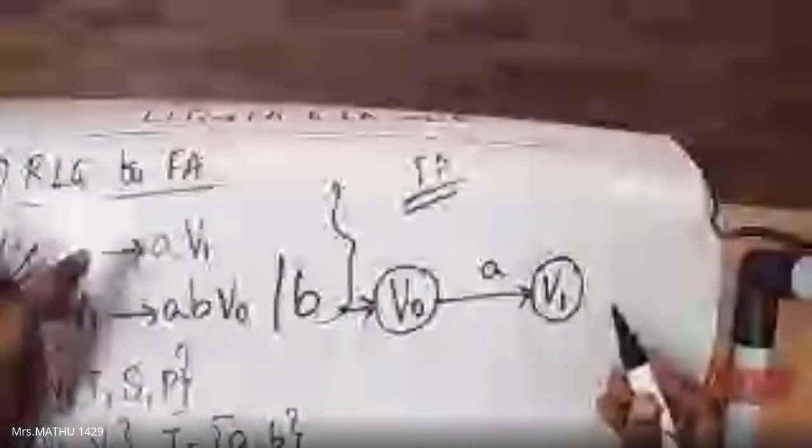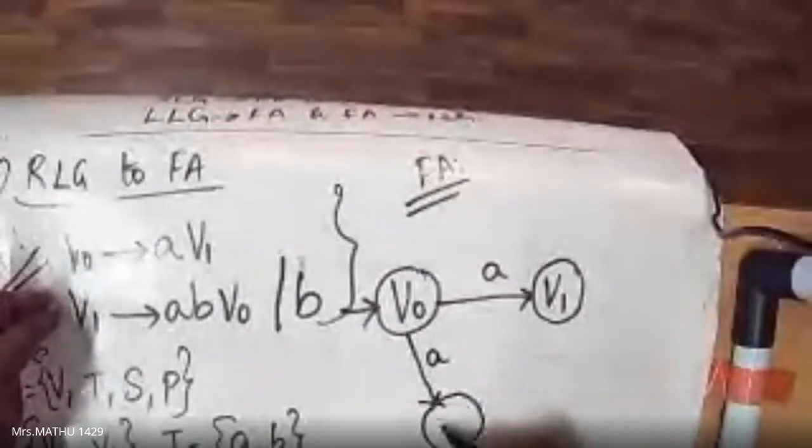So we are going to have an intermediate state also. Let us call that state V2.